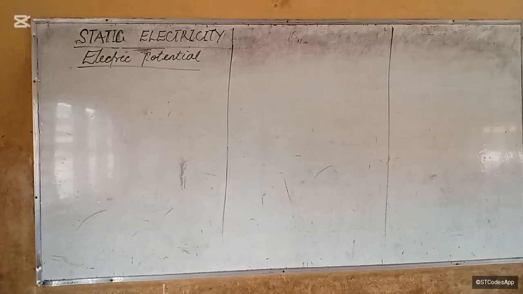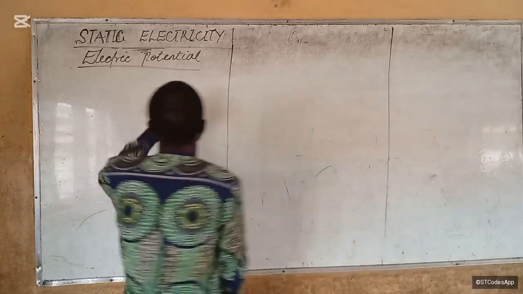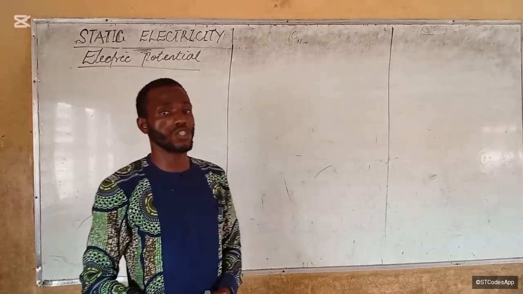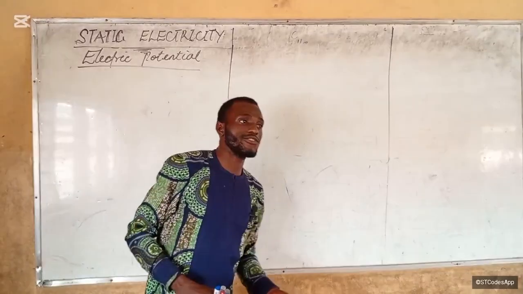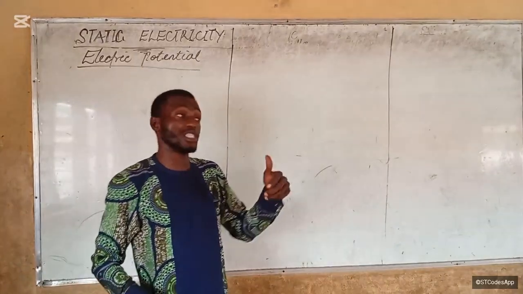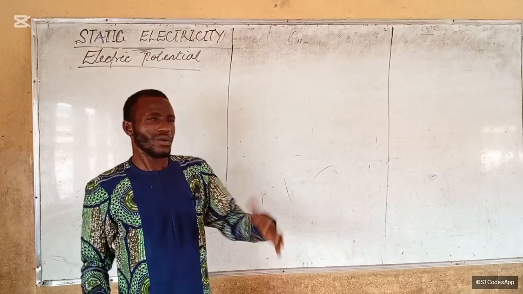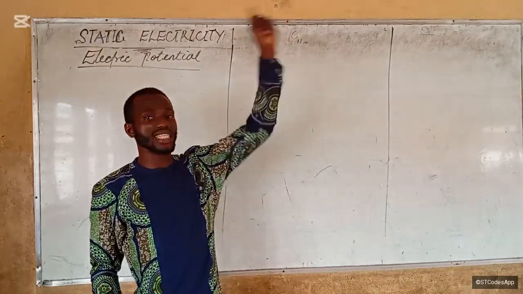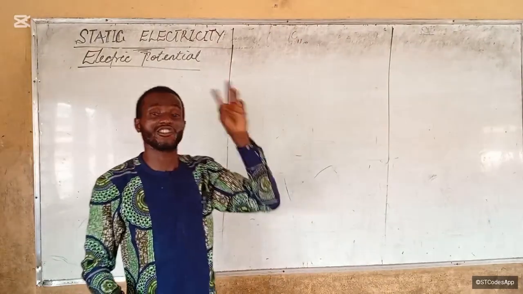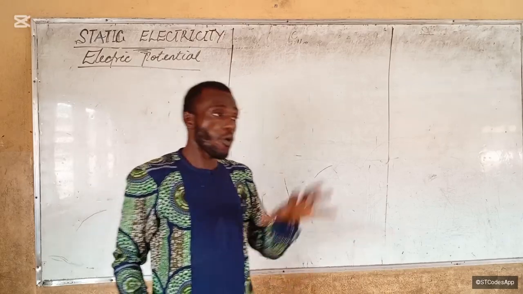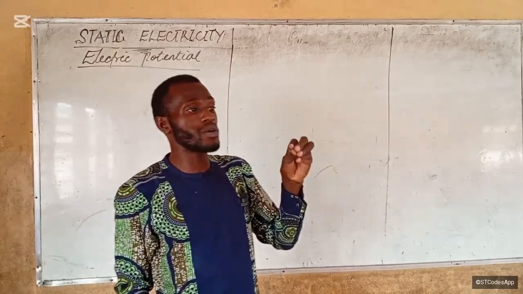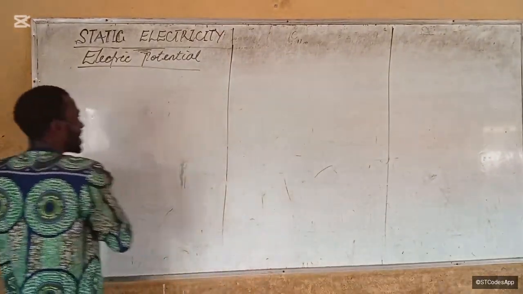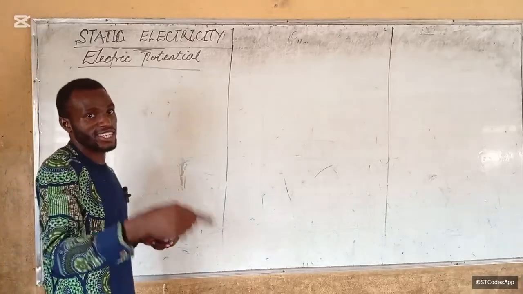Now, let's discuss the next concept, electric potential. What is electric potential? Electric potential is the work done in bringing a unit point charge, whether positive or negative, from infinity to a particular point. Okay, there's electric field potential and there's electric field potential energy.